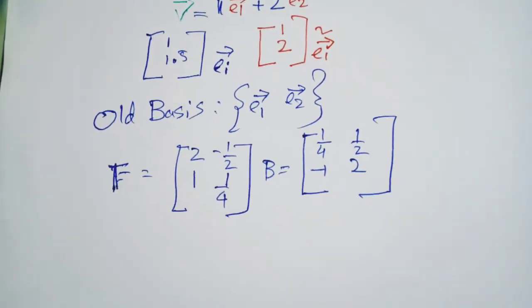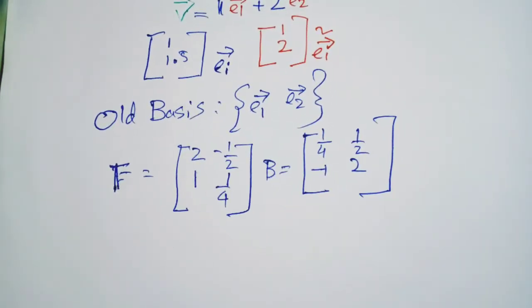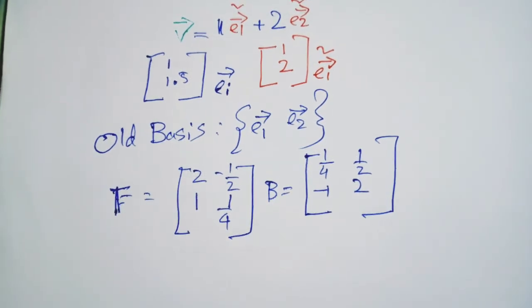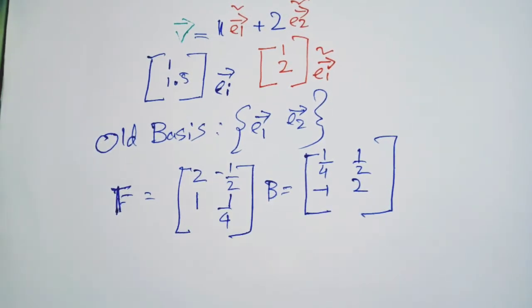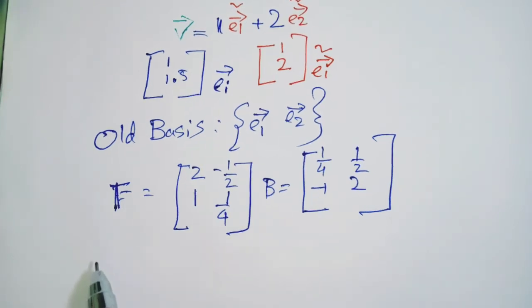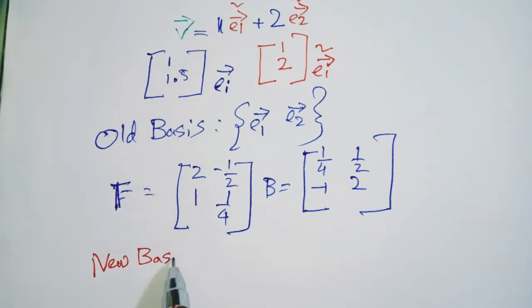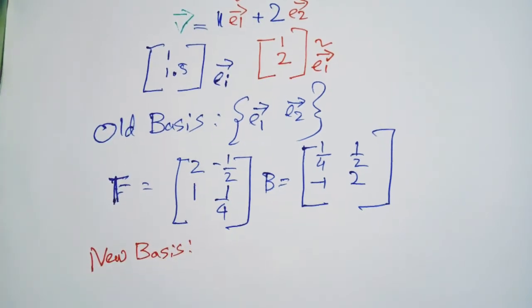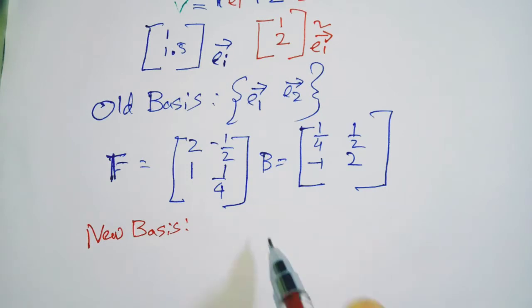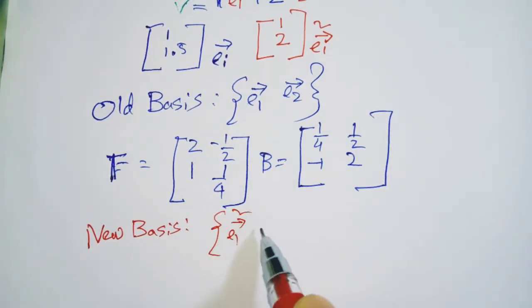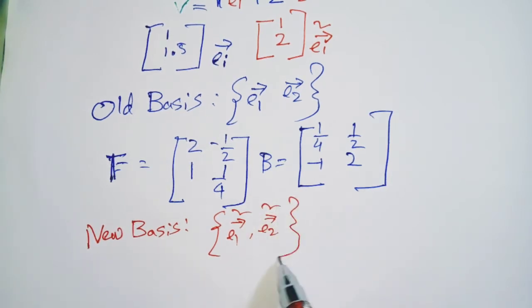Now I would like to show you the new basis. Let me write the new basis. For the new basis, I will put the components as E1 tilde, comma, E2 tilde within brackets.